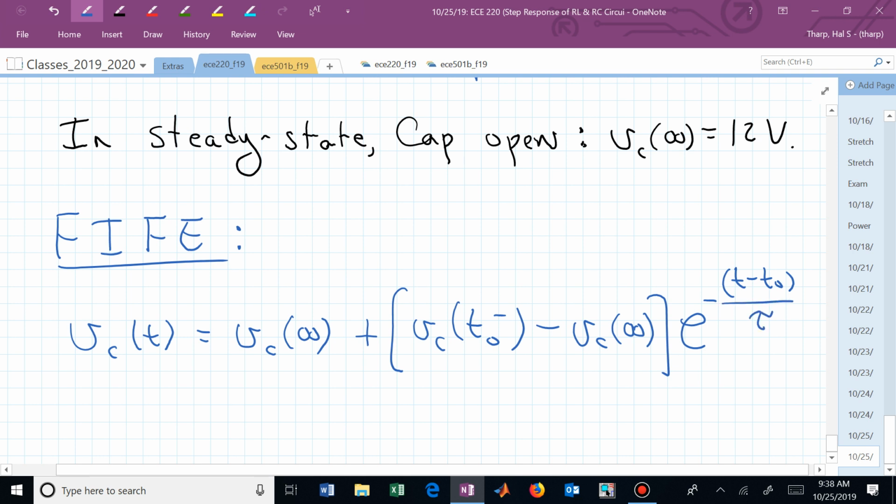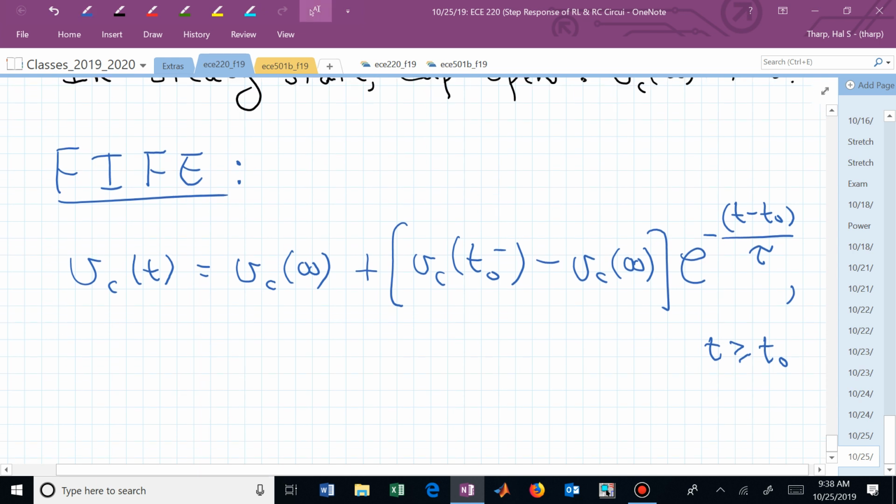Since we're throwing that switch at something other than time 0, we have to shift that argument in time to t sub 0 so that at t sub 0 we do have this term being 1. And this is true for all time t greater than t sub 0. Yeah, but we didn't calculate tau. We thought we were done.